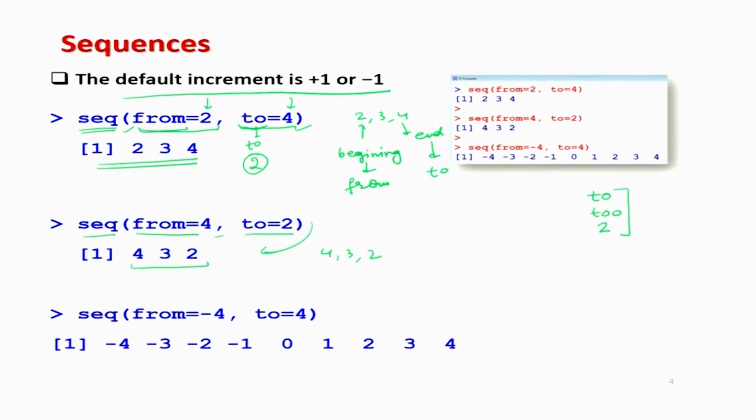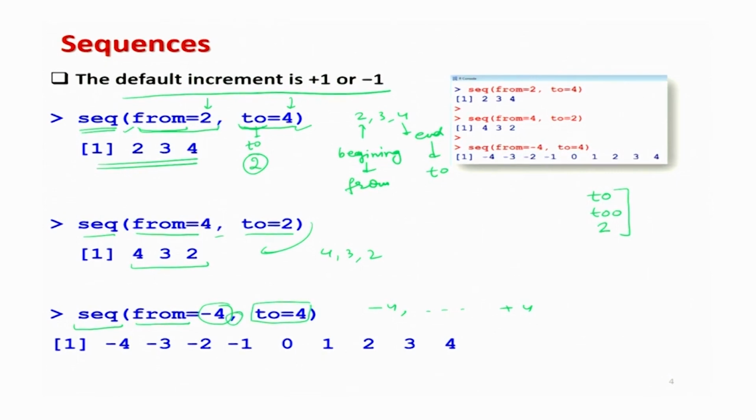And in this sequence command, it is also possible that the values you consider in the from and TO2 options can be negative also. So, I want to generate a sequence beginning from -4 and then coming up to +4. For that I give the command SEQ, and inside the parenthesis I write from equal to -4, then comma and then TO2 equal to 4.